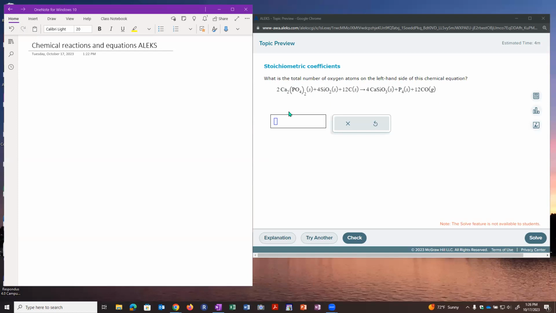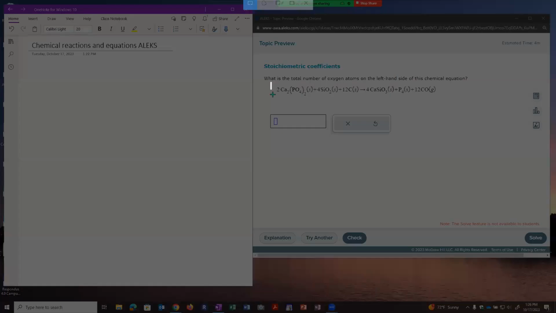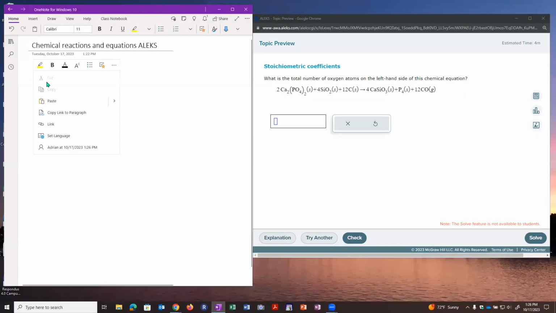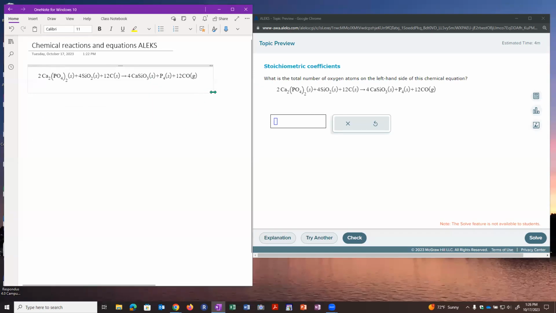So a couple things to keep in mind when we have these chemical equations, at least the ones that we're starting off with. So I'll just copy and paste this over here. You'll notice when you read this chemical equation that there are several things on here.